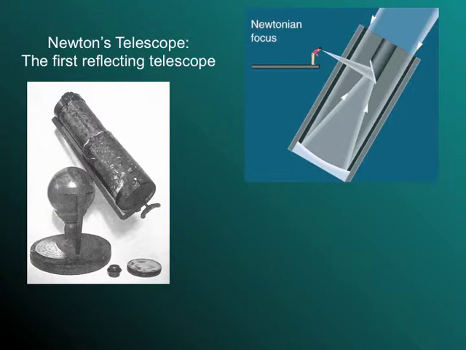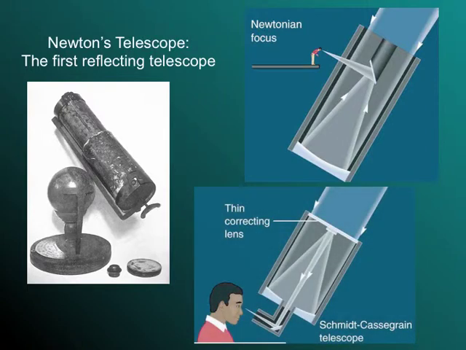Newton designed a secondary mirror to bounce the light off to the side for viewing purposes. A variation on this is the Schmidt-Cassegrain model, where the secondary mirror is bounced back through the primary mirror. This does not interfere with the image because light is so distant that you cannot really focus on the secondary mirror and the distant star at the same time.